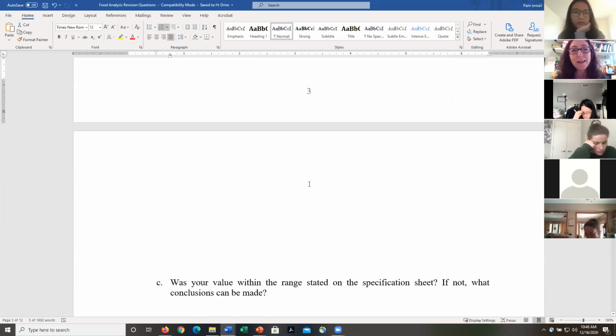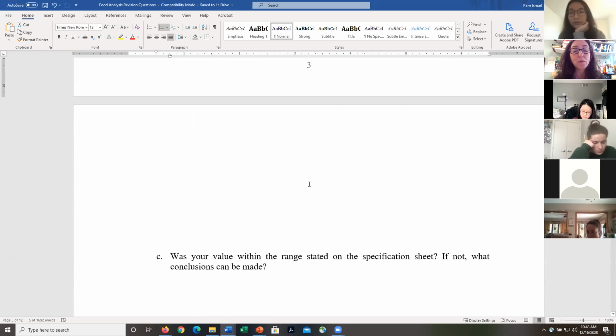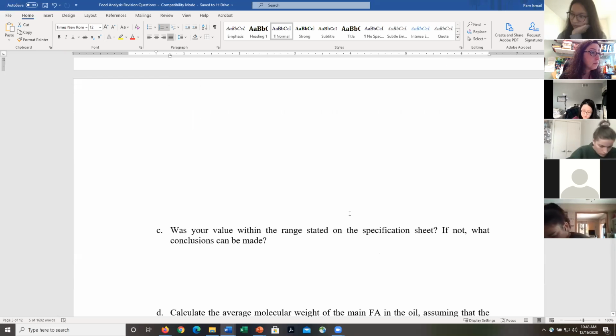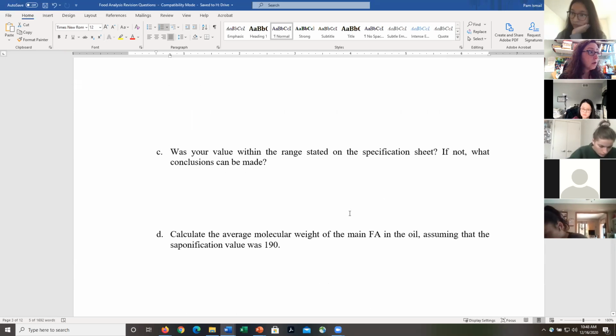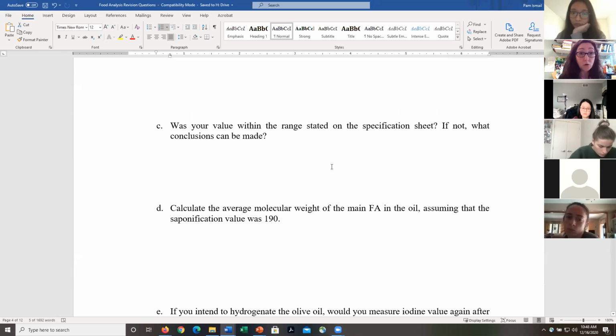It's an olive oil sample, right? What does it tell you? It's adulterated? Yes, olive oil adulteration is very, very common. So it could be adulterated with an oil that has higher or lower average molecular weight, fatty acid average.